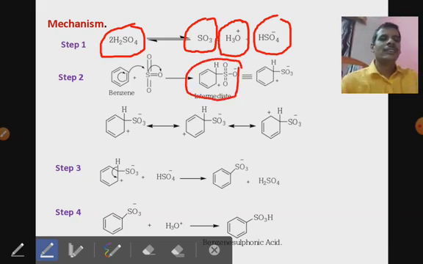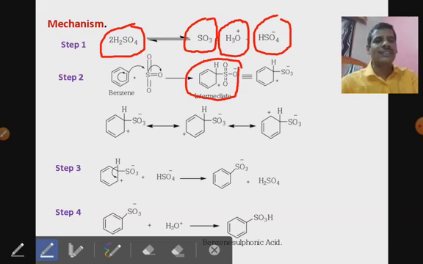In this way such an intermediate is formed. This is a reactive intermediate, and all such intermediates are unstable. The stability of this intermediate is maintained through resonating structures, and the simple rule is: the more resonating structures, the more stability. First, the positive charge is present at the ortho position of SO3 minus.